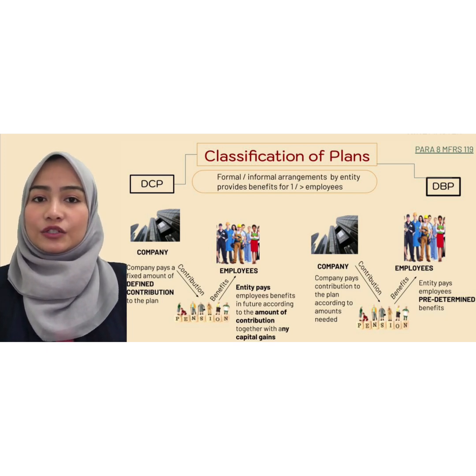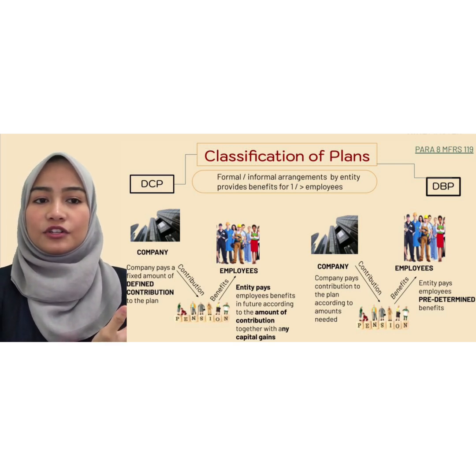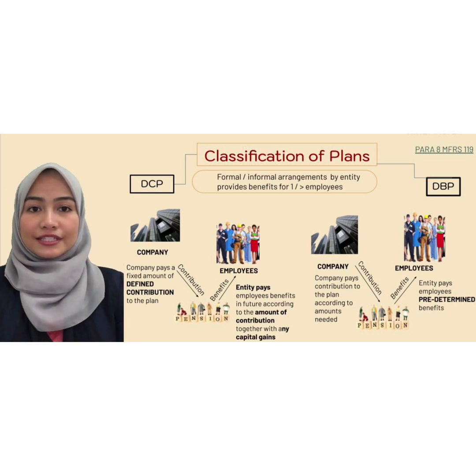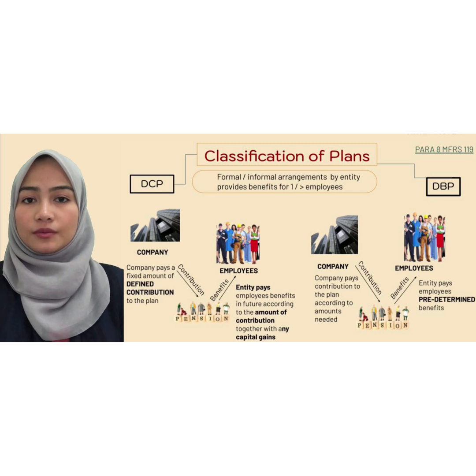Okay, let's take a look at this diagram. According to the diagram, we can differentiate between DCP and DBP. The parties are the same, which are the company, pension plan, and also the employees.